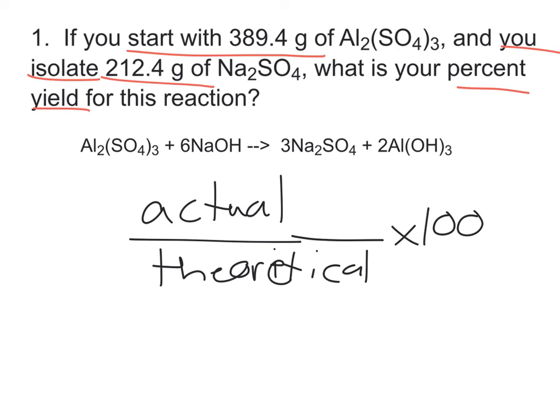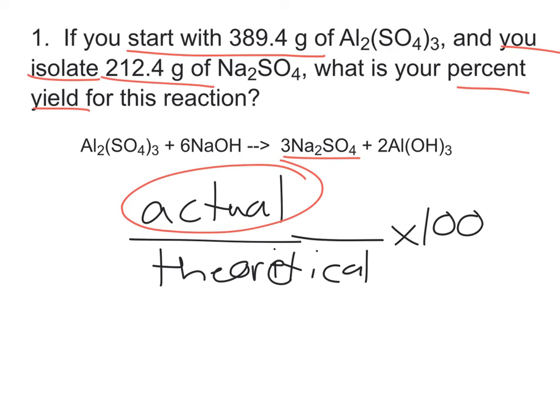If you isolated that, if you produced that, if you created that, that's actually something that happened. You actually made that. It's almost always a product that they're going to say this for. And sure enough, sodium sulfate is a product, but it says you did make this, so that is an actual. So they give us this number.